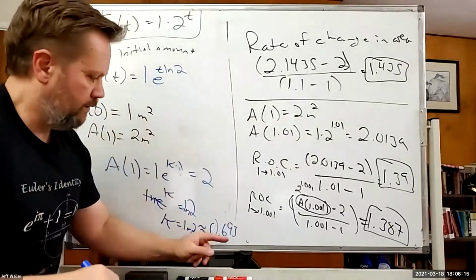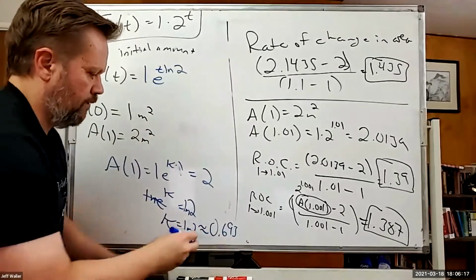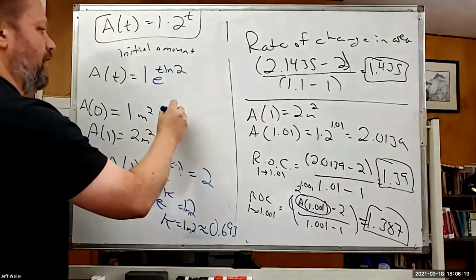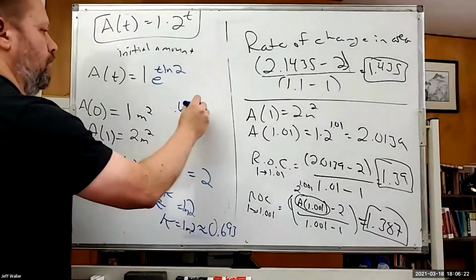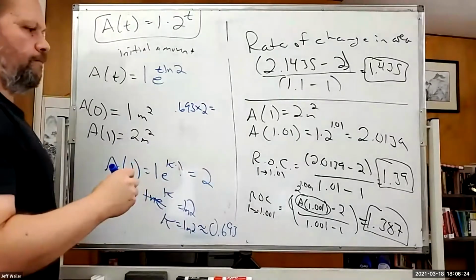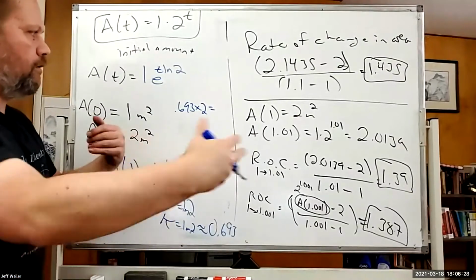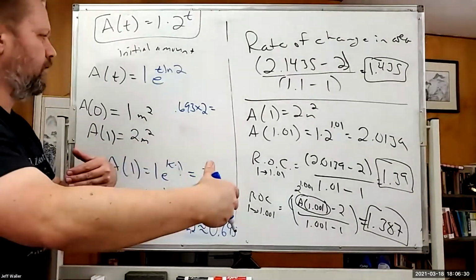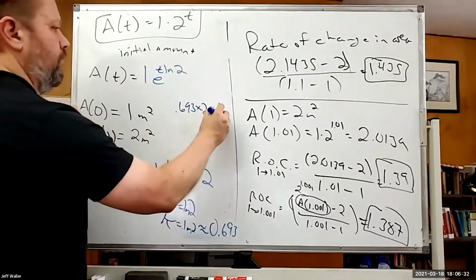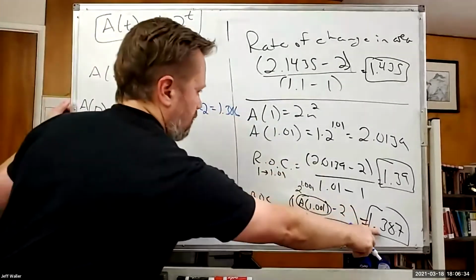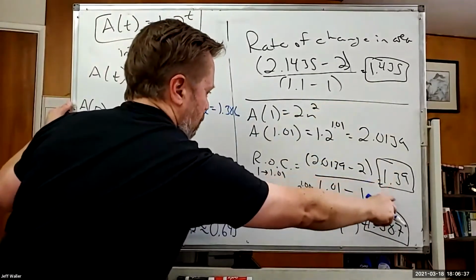So the shortcut is, what is this times 2? What is 0.693 times 2? 1.39. Go further. Is it 1.3? 1.386. Which is what this looks like it was going towards, correct?